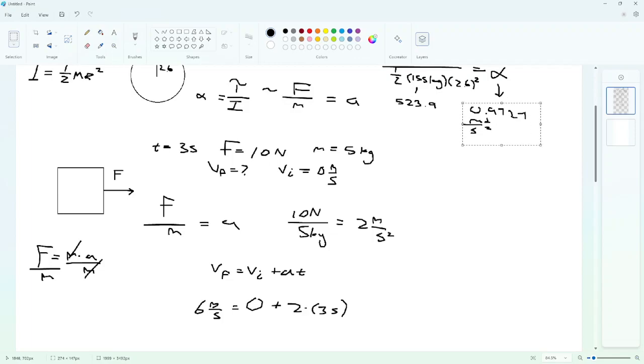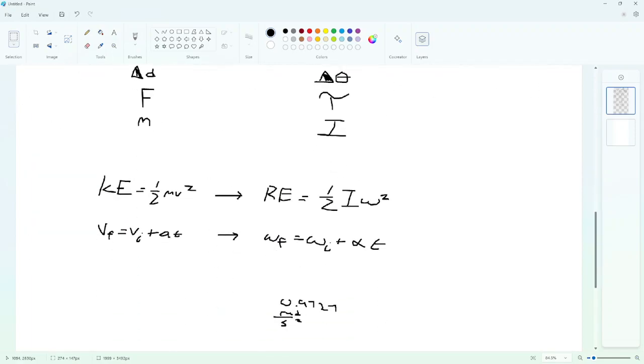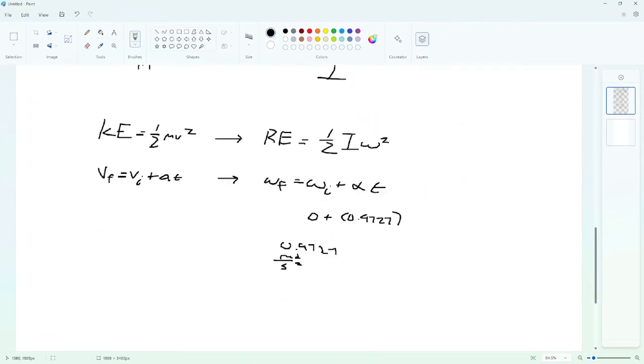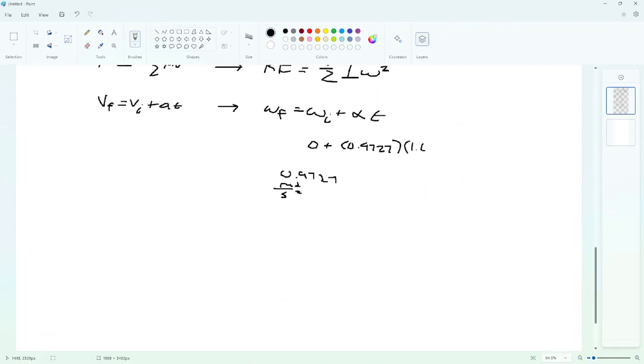Go ahead and copy this, paste it down here. And from there we can get 0 plus 0.9727 times our time. Our time is 1.65 seconds. And we get an angular velocity final of 1.605 radians per second.